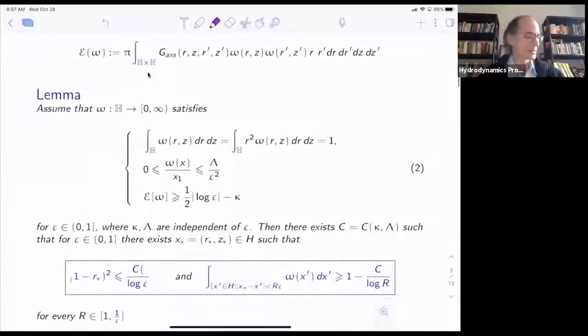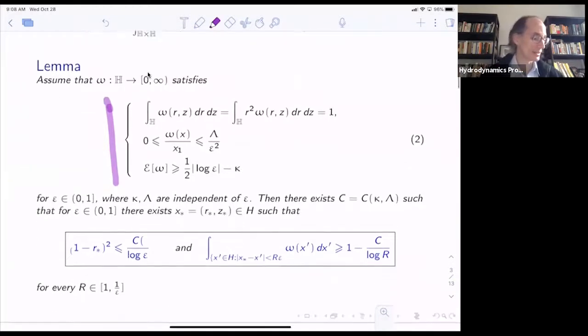We assume things about these conserved quantities. Here they are. The first ones are just normalizations. We assume bounds on the L infinity norm, the kind of bounds that are preserved by the flow. And the last condition is that the energy is close to maximal given the other conditions.